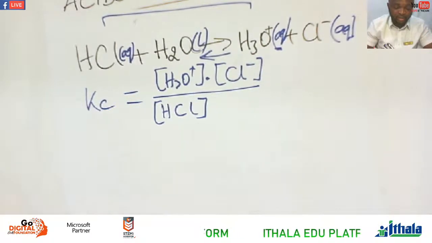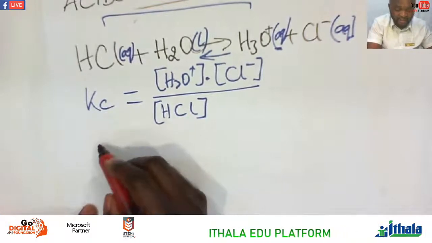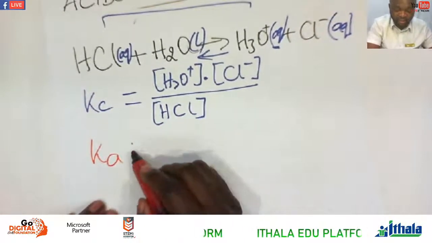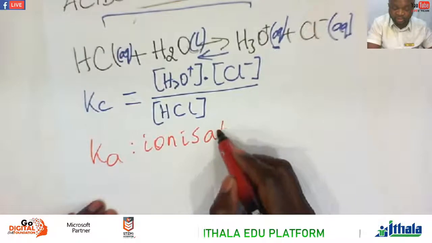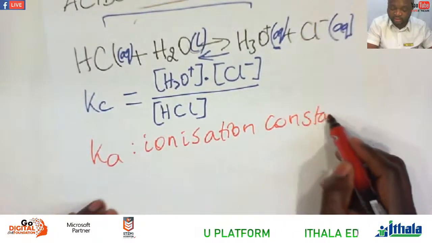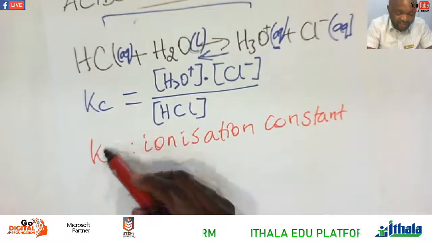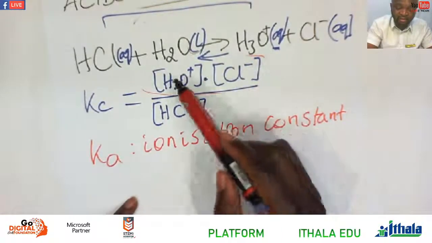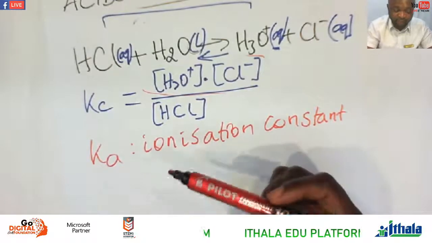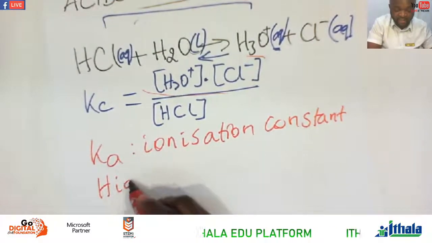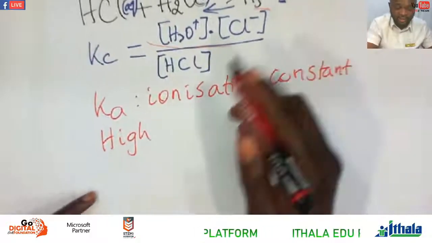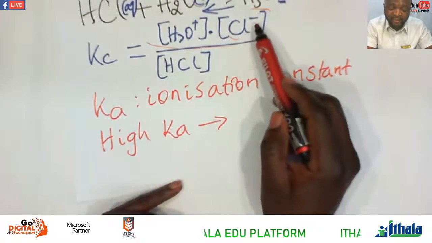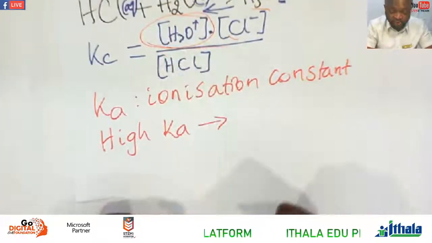So when you look at this, the significance of Kc, because we are talking about an acid, instead of writing Kc we can write Ka, which is called the acid ionization constant, right? We know with Kc that when you have a greater value of Kc, it simply means the products are many in the container compared to the reactants. So when you have a high Ka, this simply means we have more H3O plus and Cl minus, and H3O plus is what makes it an acid.